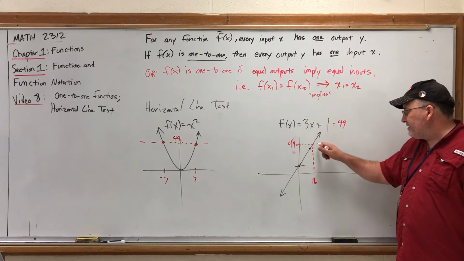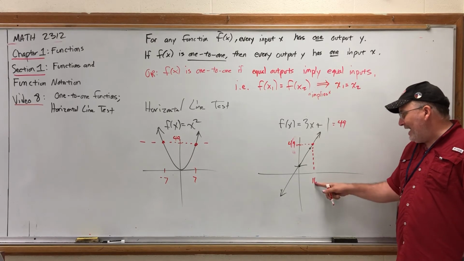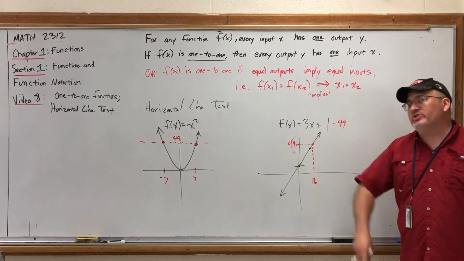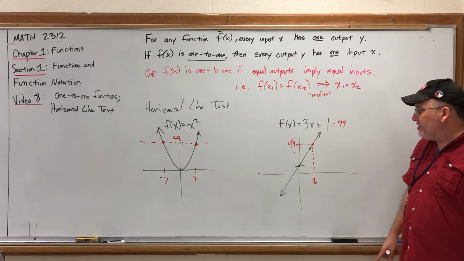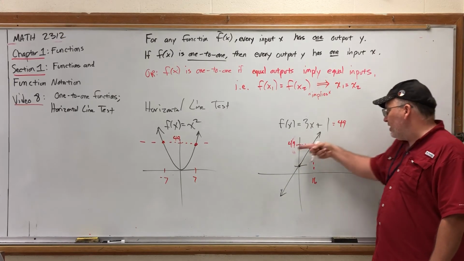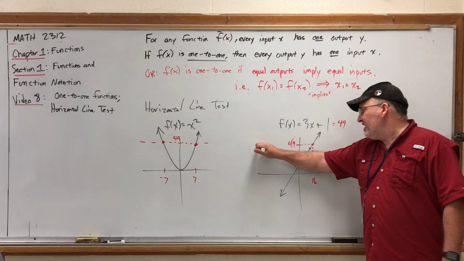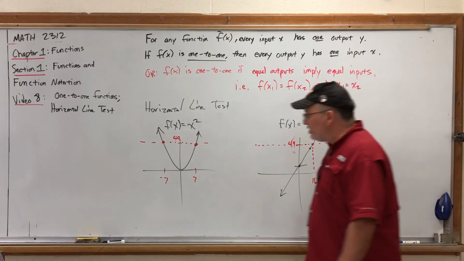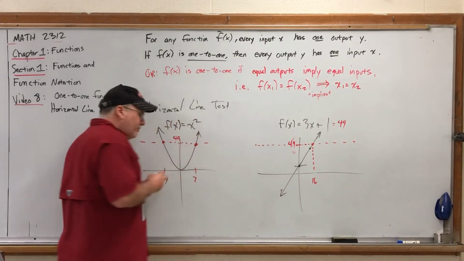But my point is, 16 is not just an x that produces an output of 49, it's the only such x. Why? Because unlike the parabola, there is no other point horizontal to this one. In other words, if I draw a horizontal line through 49, it only hits the graph once. When I did it over here, it hit the graph twice.